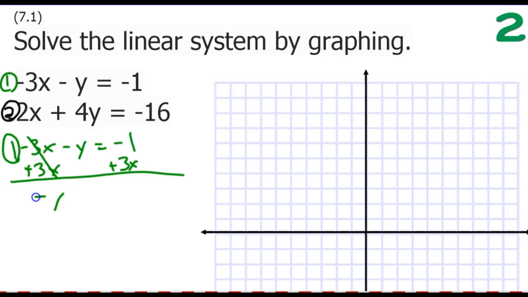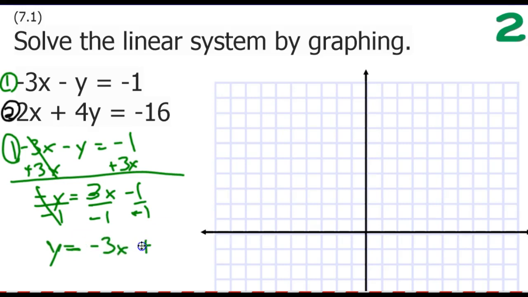So we have negative y equals 3x minus 1. Divide by negative 1. And y equals negative 3x plus 1.